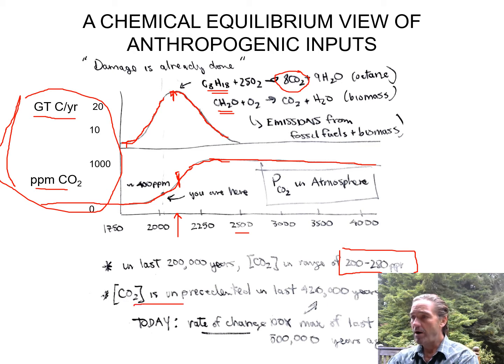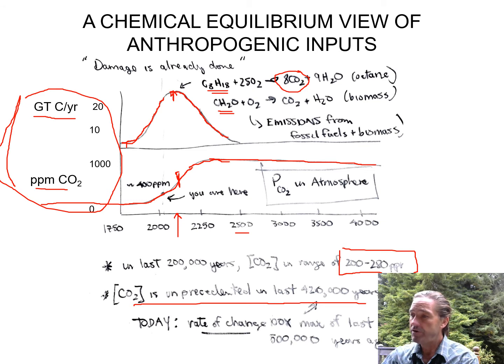And what we can also say is that the levels that we're seeing in the atmosphere that are close to 1,000 ppm, the Earth has not seen those types of concentrations for close to 420,000 years.